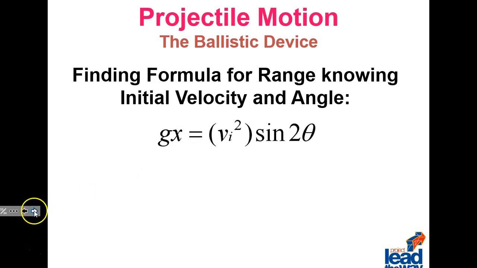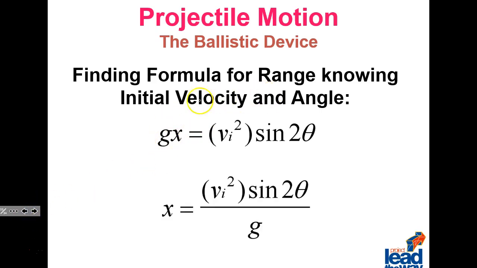And rearranging the equation so that we're solving for the range, so we're actually solving for x, we're going to have vi squared times the sine of 2 theta over g is equal to the range. This equation is sometimes known simply as the range equation.